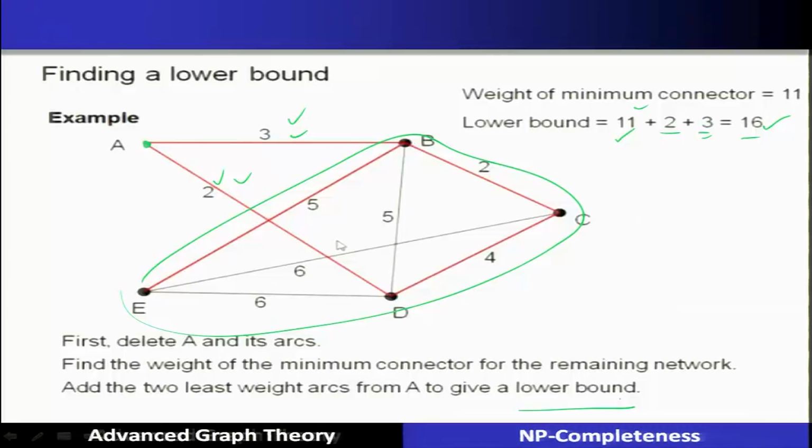So the lower bound we have obtained is 16. So the optimal solution should be at least 16, and it will be upper bounded by the value which we have obtained using the nearest neighbor algorithm.